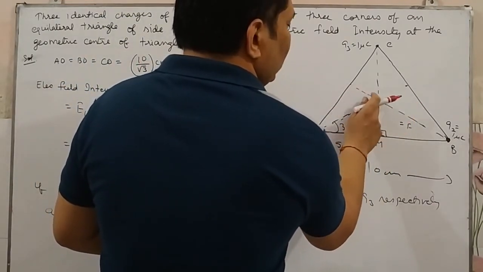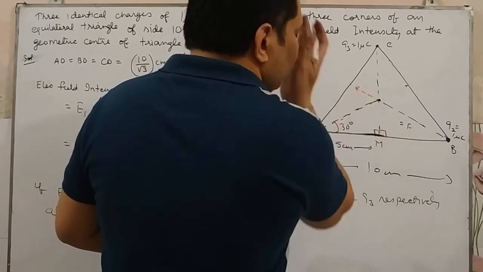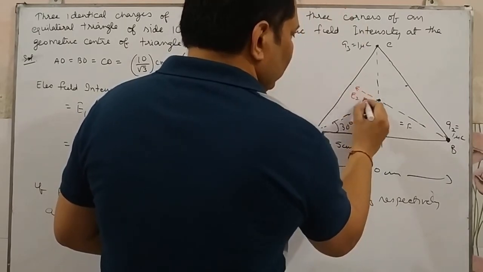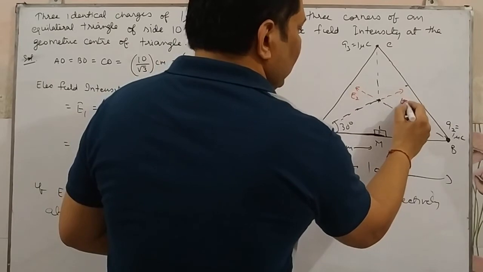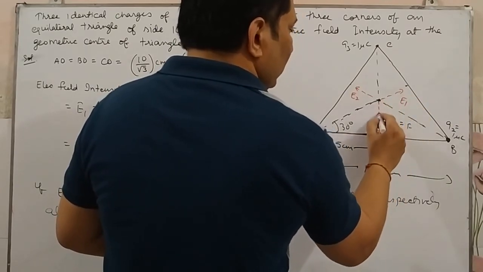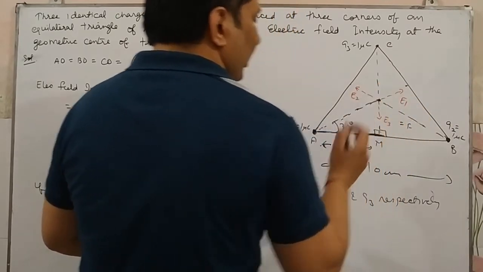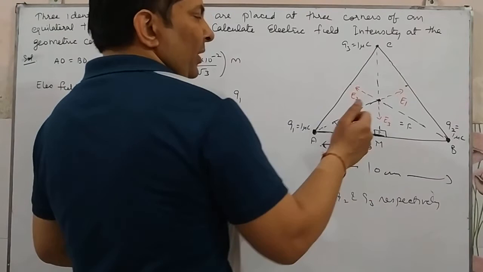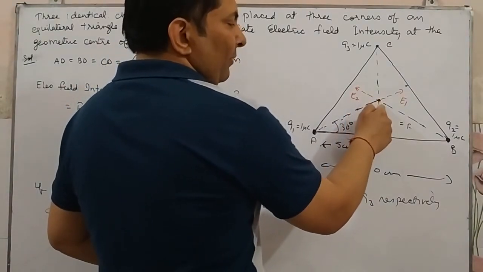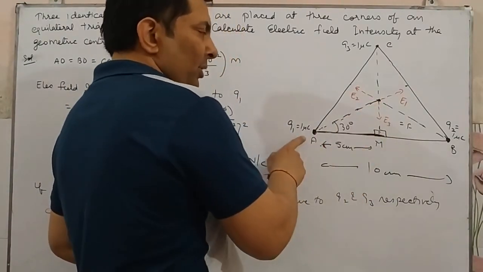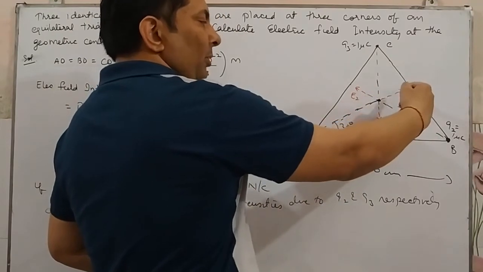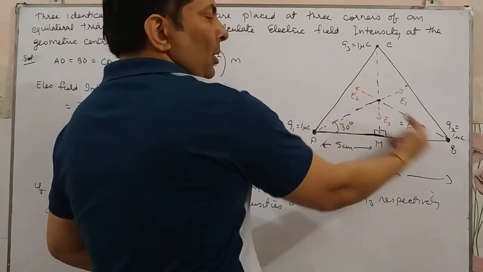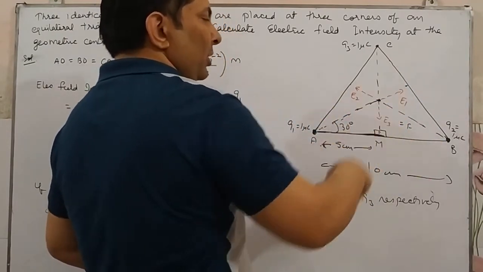This is E2, this is E1, this is E3. Why? For the calculation of electric field intensity, we always use a unit positive charge here. This is a positive charge, this is a positive charge, so repulsion should be there. So E1 is along this direction, E2 is along this direction, E3 is along this direction.